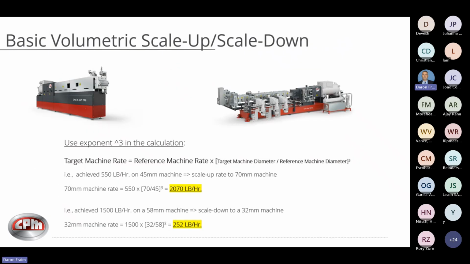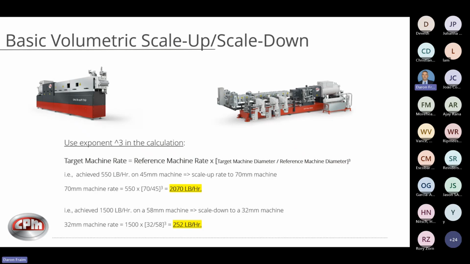Now when we look at basic volumetric scale up and scale down, this is the exponent of 3 calculation. You can see here your target machine rate will equal your reference machine rate, and then you'll take the diameter of the machines in their ratio. You'll have the target machine diameter on top, reference machine on bottom, and you'll raise it to the power of 3.